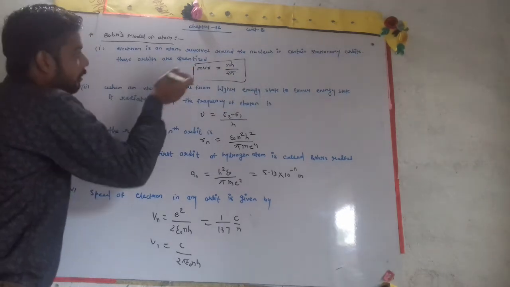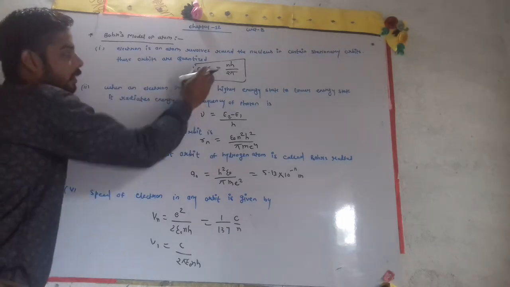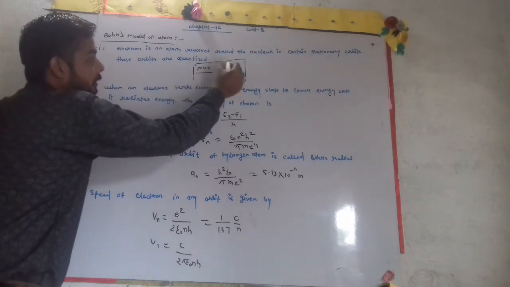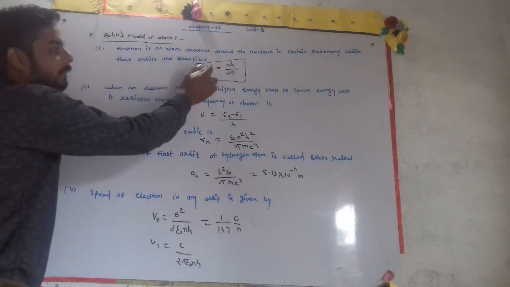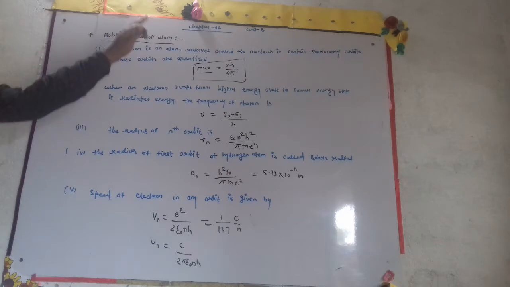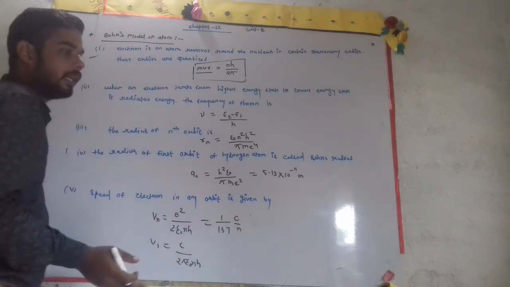So the electron revolves only in stationary orbits, and these orbits are quantized. That means mvr equals nh upon 2 pi. This is our point number 1. This point is very important. This is a key point; with the help of this you can solve numericals as well as use it in future.